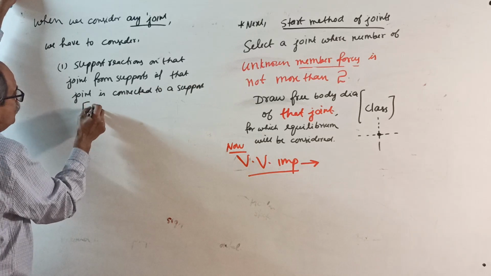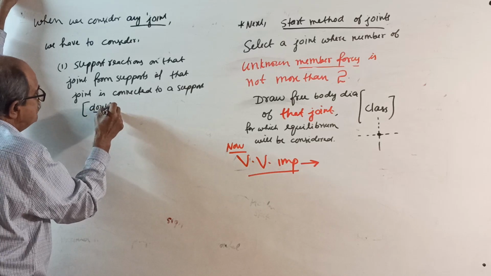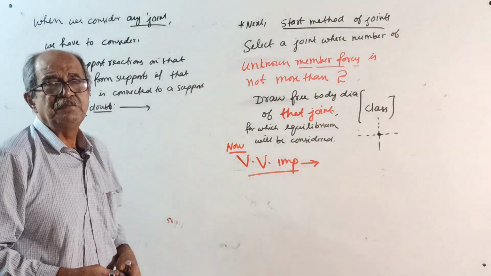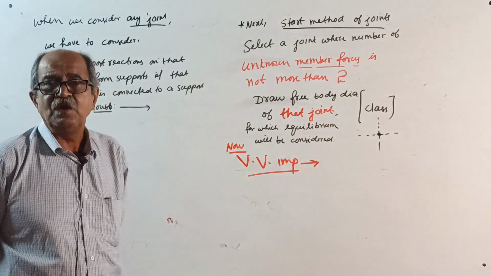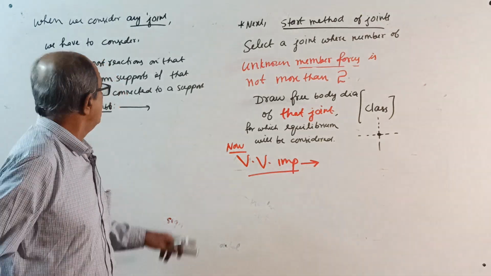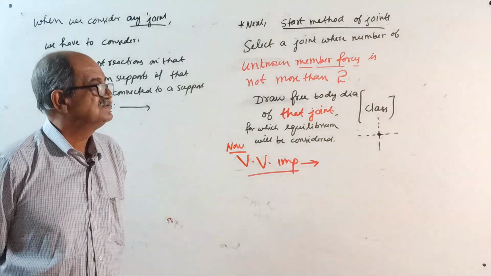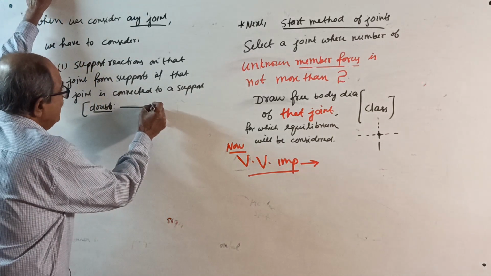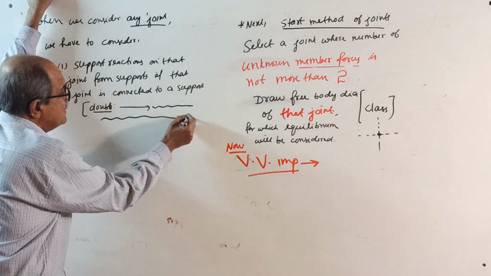Now, one doubt will come. Somebody in the class will ask me, sir, you told sometimes support reactions are not required. Yes, I told. Then what to do? Then do not consider that joint. That's all. If support reactions are not calculated, then you should not consider that joint.